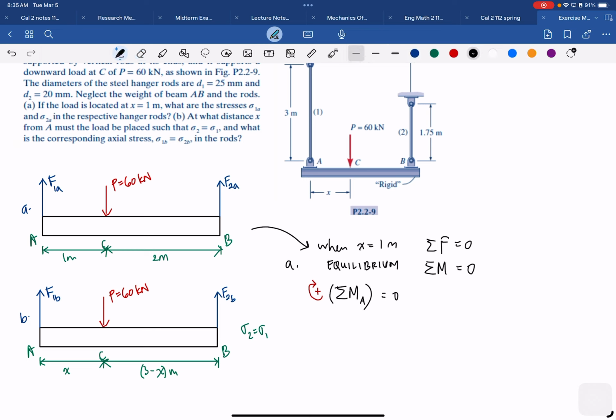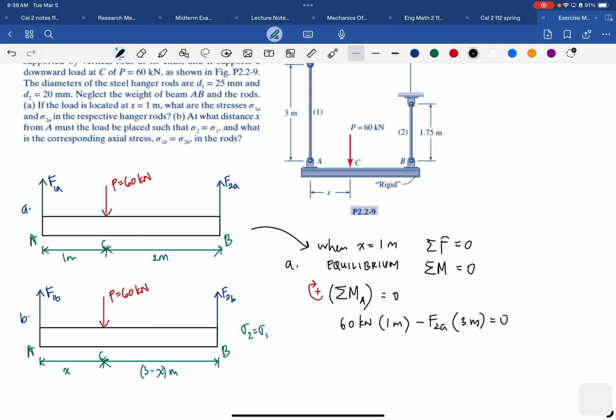Okay. So we take the 60 kilonewton multiplied by 1 meter, and then minus F2A multiplied by 3 meter equals 0. So F2A is 60 kilonewton meter divided by 3, which is 20 kilonewton.